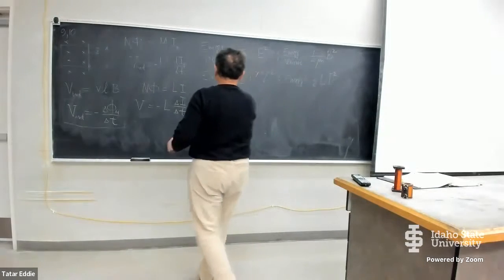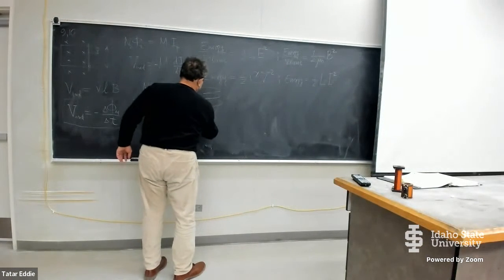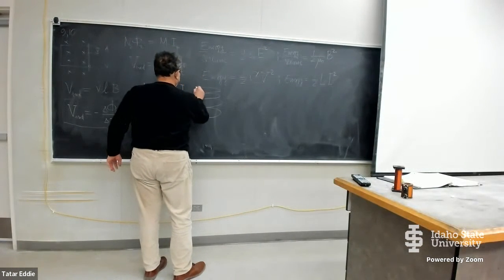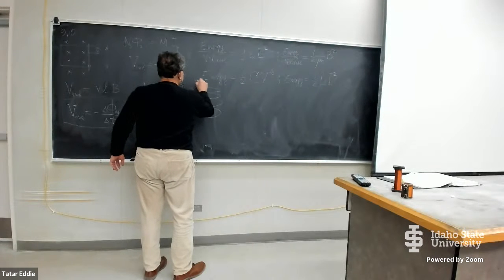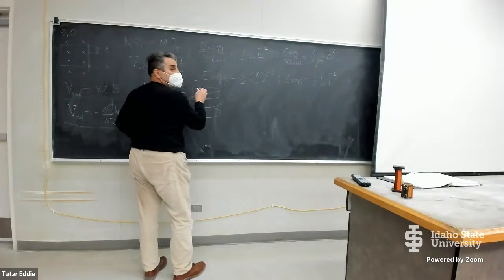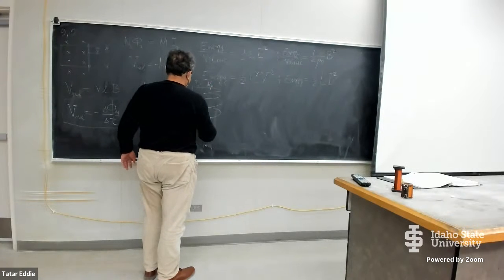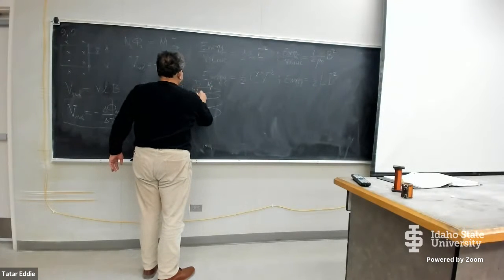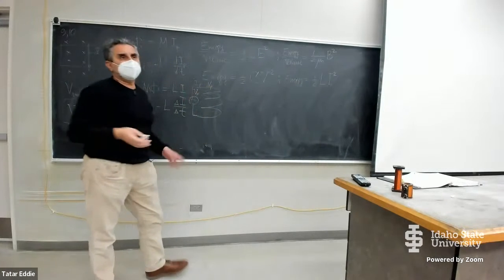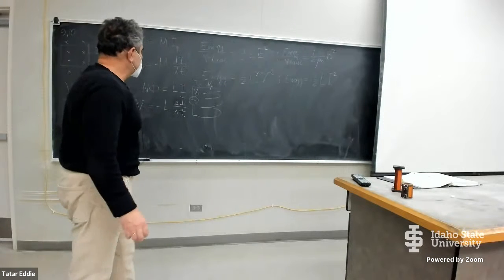Here is the primary coil connected to AC voltage. So you have variable current in the primary coil, with the number of turns in the primary, and you have some RMS voltage V primary. RMS voltage or amplitude doesn't matter.